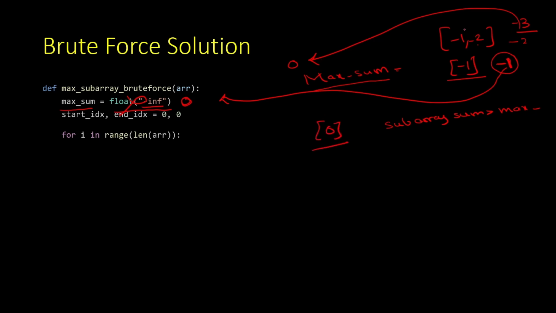But we know in this case, assuming there is no option of giving empty arrays, which are considered zeros, we need to give arrays which have a minimum of one element, then our max sum would be minus 1 because these are negative numbers, right? But our solution is saying 0. So that's why we need to initialize the global maximum with the least number possible.